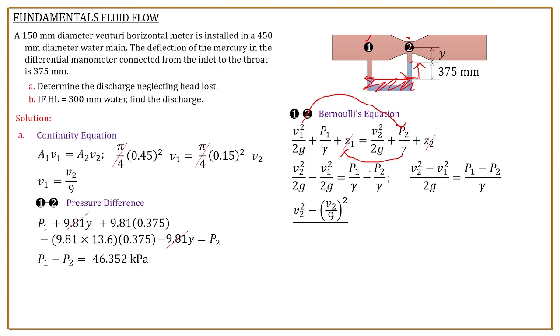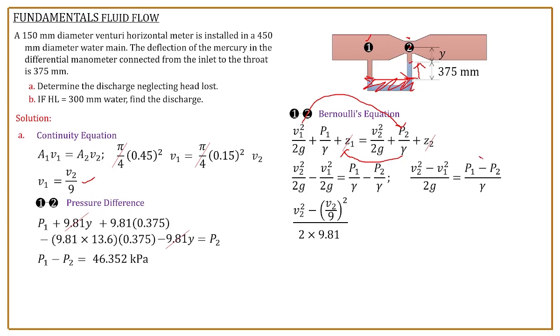We have yung V2 squared minus yung V1 natin, galing siya dito. Itong V1 natin na to, that is V2 over 9 squared over 2 times 9.81 equals, okay?